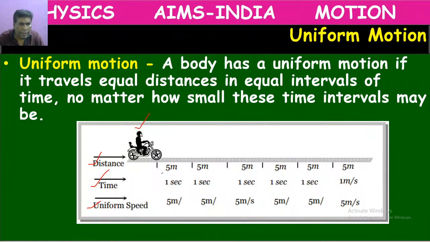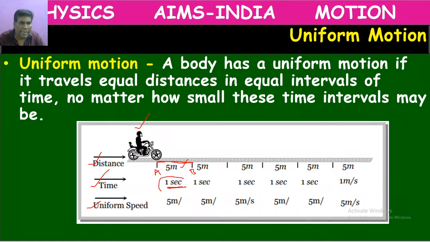Let us assume this point is A and this point is B. Between A and B, what is the distance? 5 meters. What is the time interval? 1 second.